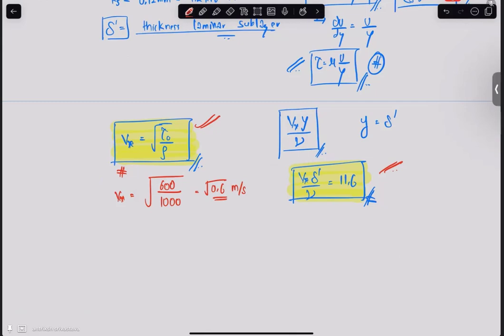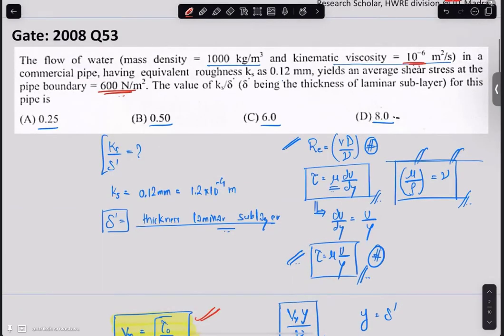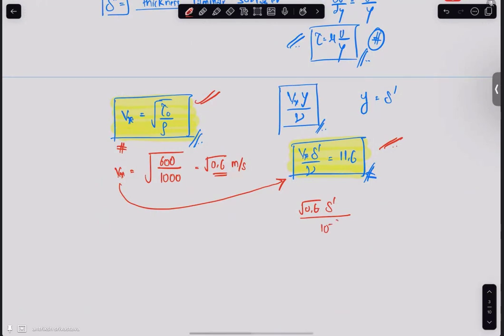Then we can use this friction velocity to calculate the value of delta dash, that is the thickness of laminar sublayer. So 0.6 times delta dash divided by our kinematic viscosity, that is 10 power minus 6, is equal to 11.6.